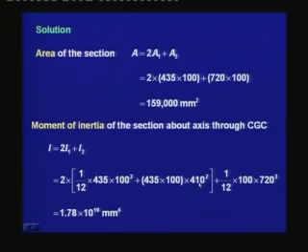For I2, the centroidal axis is the same as the axis through CGC, and hence I2 is equal to 1 by 12 times the breadth, which is 100, times the depth cube, which is 720 to the power 3. Once we have substituted these values, I is equal to 1.78 times 10 to the power 10 millimeter to the power 4.